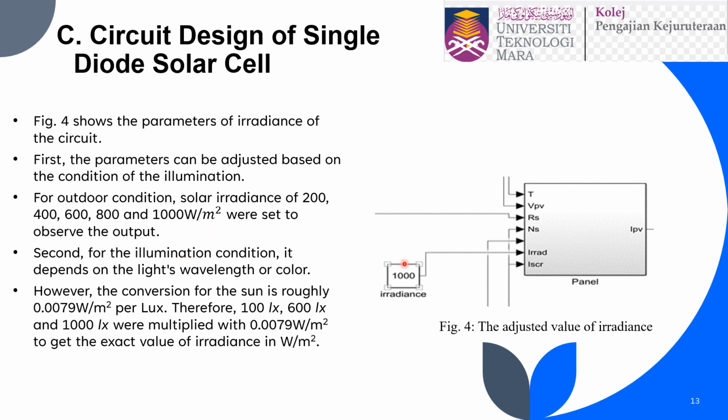Second, the illumination condition depends on the light wavelength of the color. However, the conversion of the sun is roughly around 0.08 watt per meter squared per lux. Therefore, 100 lux, 600 lux and 1000 lux were multiplied with 0.079 watt per meter squared to get the exact value of irradiance in watt per meter squared.